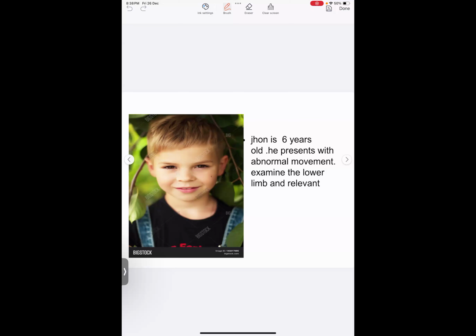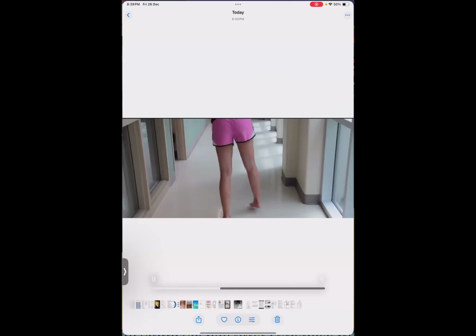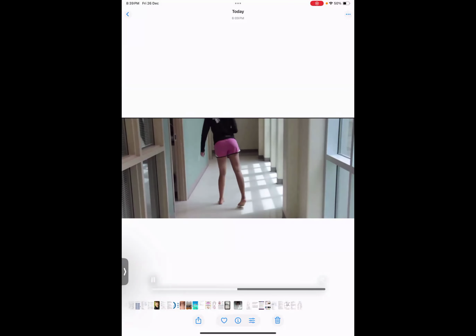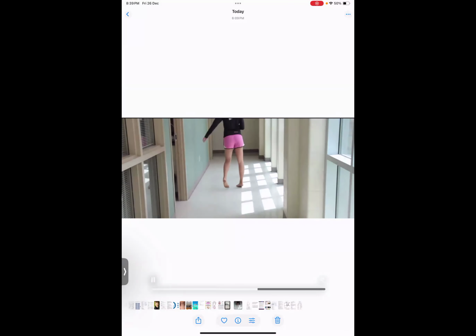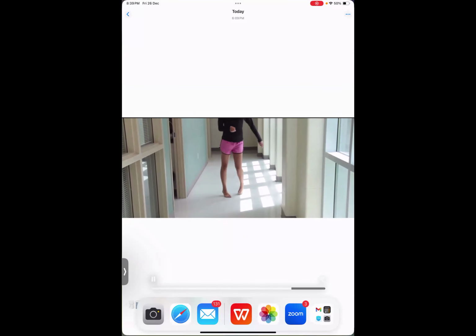No scar mark, no skin pigmentation, no hypertrophy, but there is wasting on the right side of the lower limb. Any abnormal posture while walking, you can see here that he has circumduction gait.